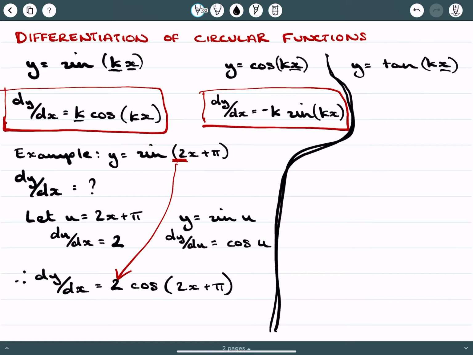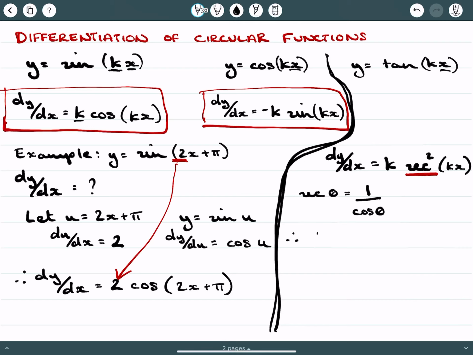Now, the rule for tan is given by dy/dx equals k out the front, and then sec squared kx. A lot of students wouldn't have seen this term sec at this point. If you're doing Specialist, you may well have worked with it. Sec theta is an expression we use with circular functions, and it refers to 1 on cos theta.